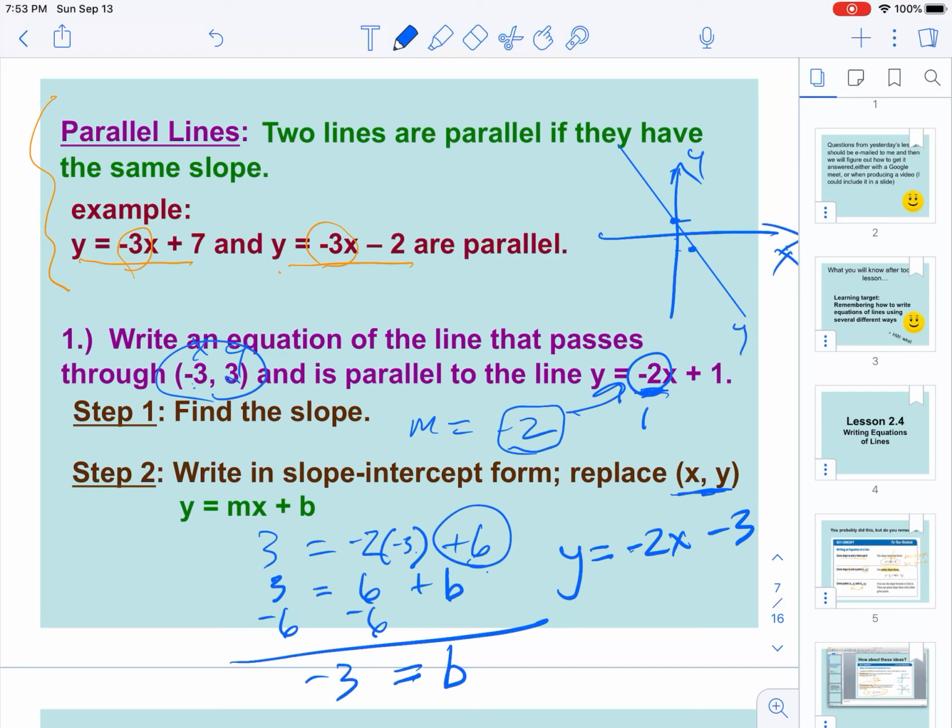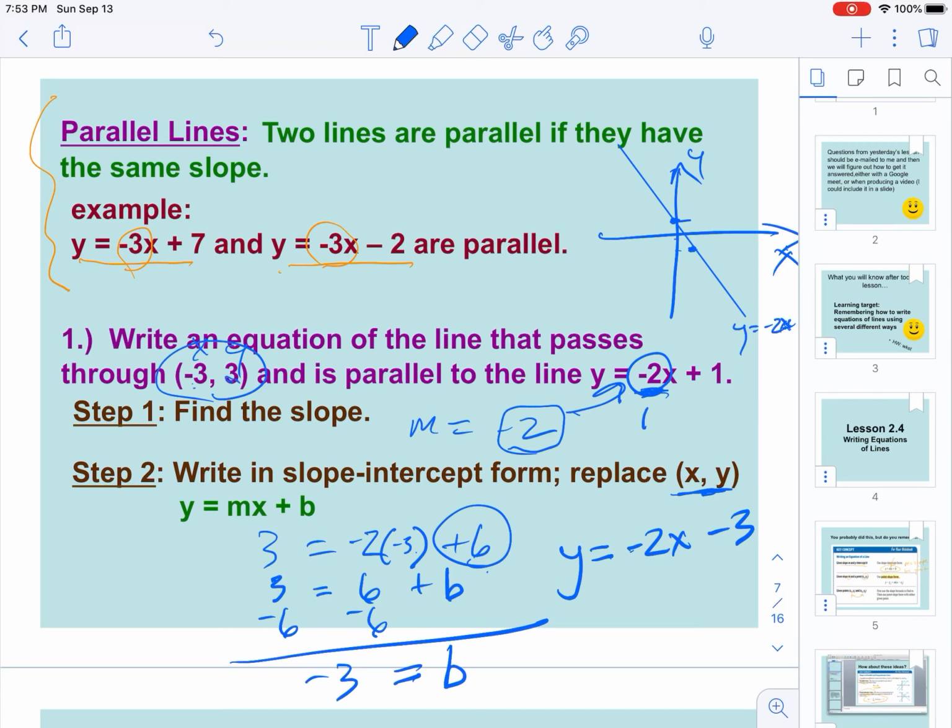And so this is y equals -2x plus 1. The other one, -2x minus 3, the y-intercept is 1, 2, 3 down. And then the slope is still the same, down 1, 2, and over 1. So I draw that line.